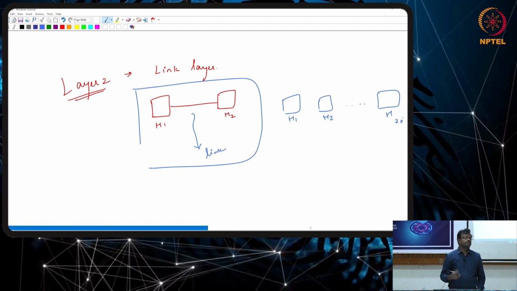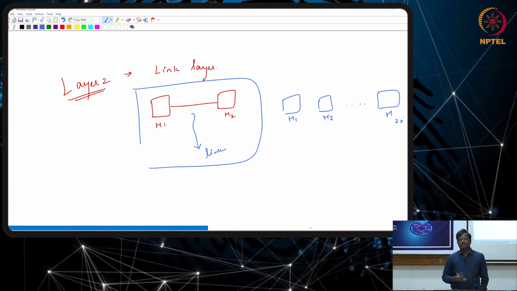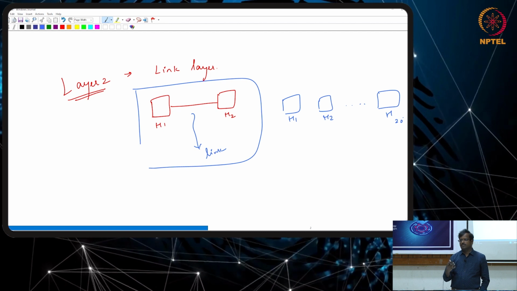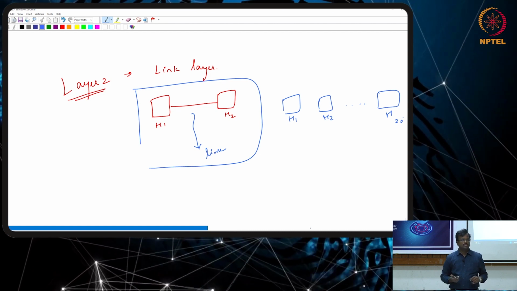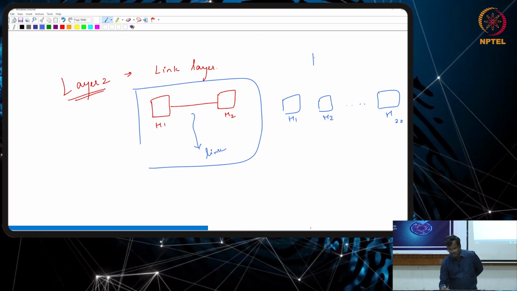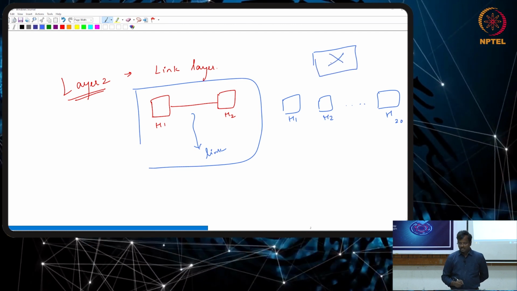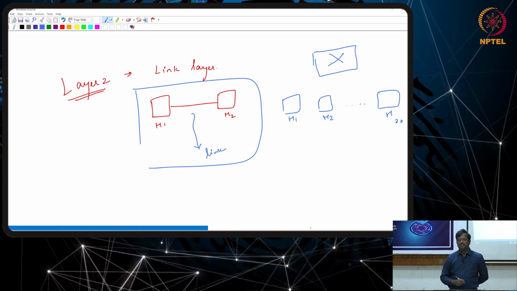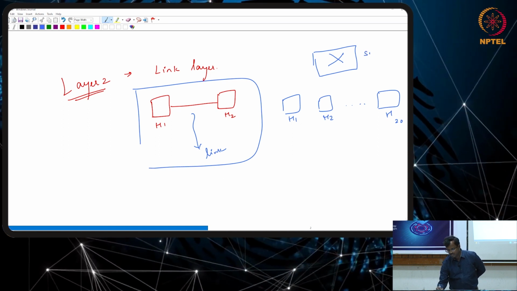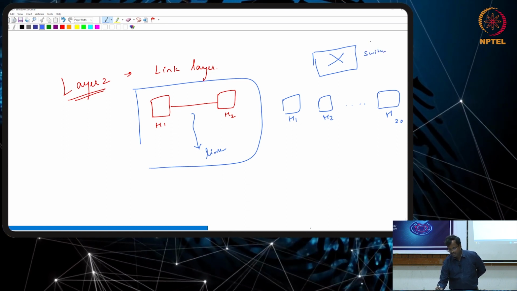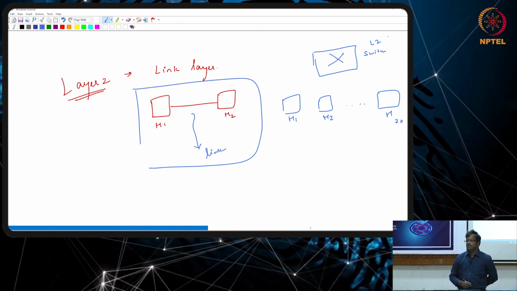I want to connect these computers to the internet. In your home, you have a router. All of these are connected to the router, right? So here in a campus network, you connect to a device. Usually, when you put a box and a cross, that is called a switch. To be very precise, it's a layer 2 switch.